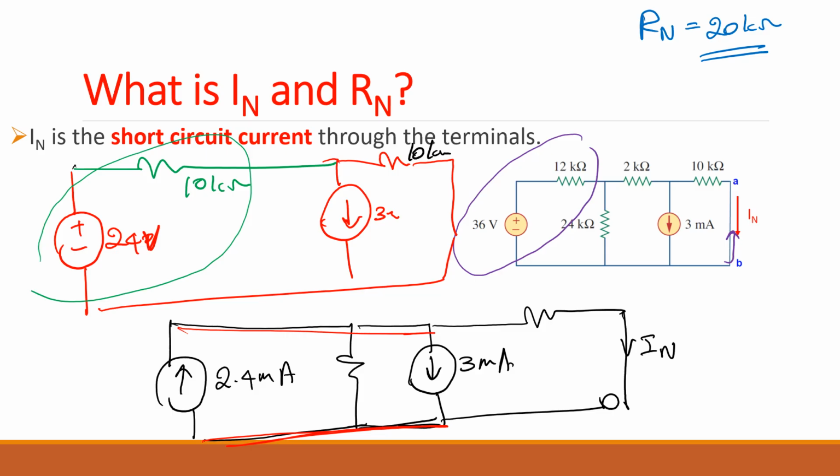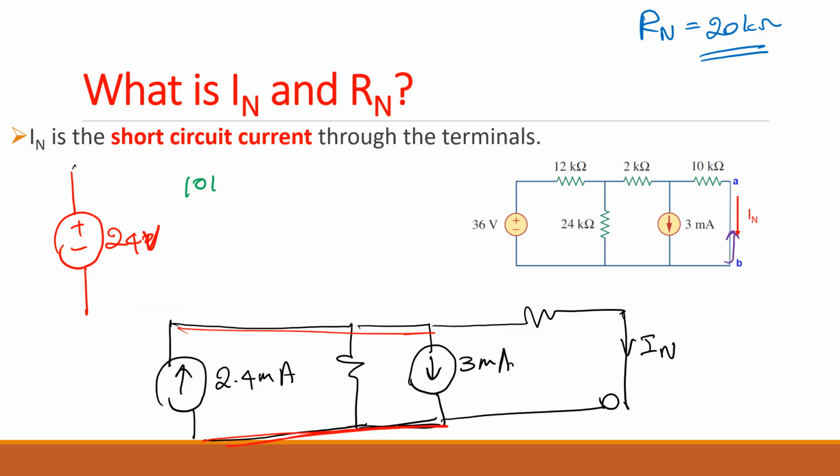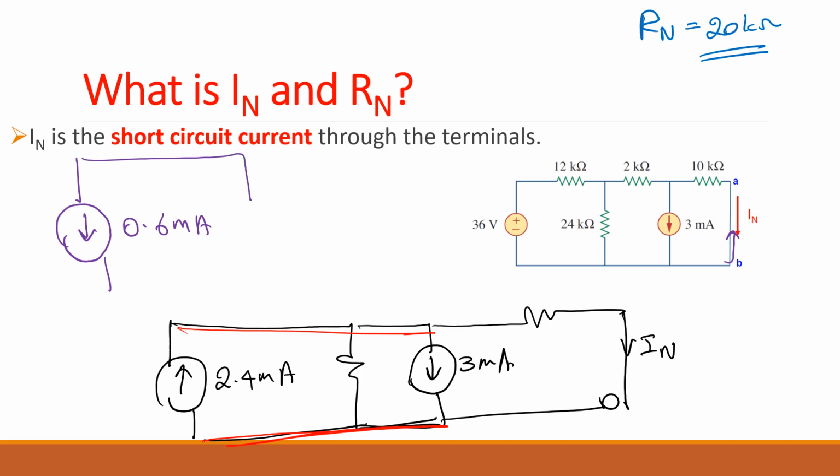Is that right? Is that right or wrong? So there is a net current flowing down which is 0.6 milliamps. And still you have your resistor, which was 10 kilo ohms, right?